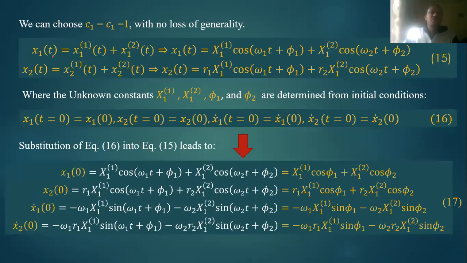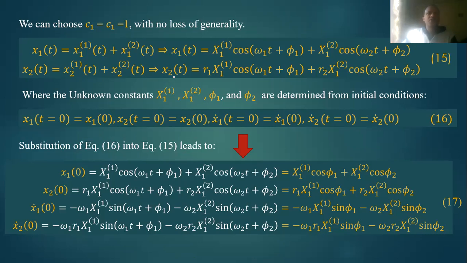So that superimposition is this one. x1 of t is equal to x1 in the first mode plus x1 in the second mode. The first equation of motion solution should be x1 of 1 cos(omega 1 t plus phi 1) plus x1 of 2 cos(omega 2 t plus phi 2).